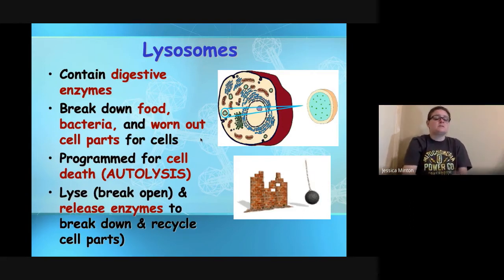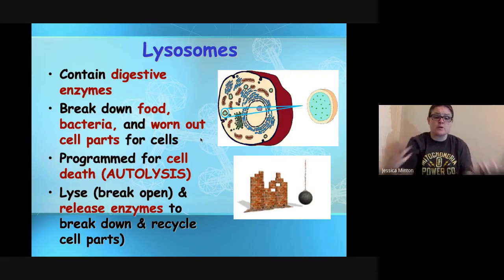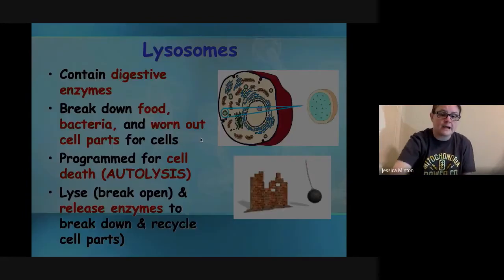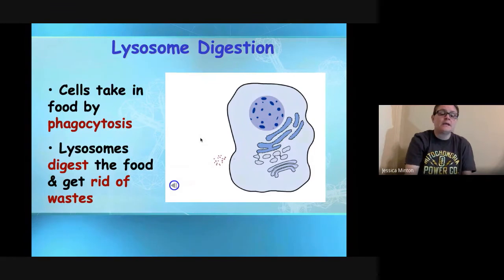So these are also going to be part of that process. The lysis is when a cell is going to break open and it releases those enzymes, or that lysosome, I'm sorry, breaks open and releases the enzymes to break down and recycle the cell parts that are unusable or old and worn out. It can take in food, phagocytosis.